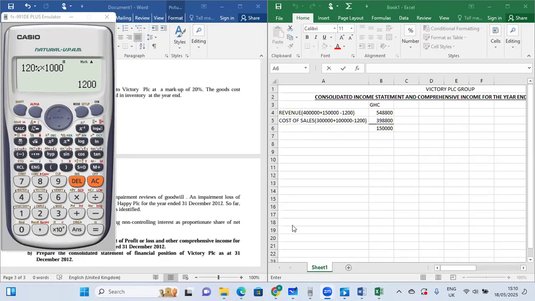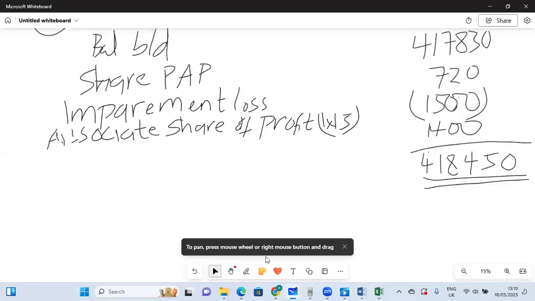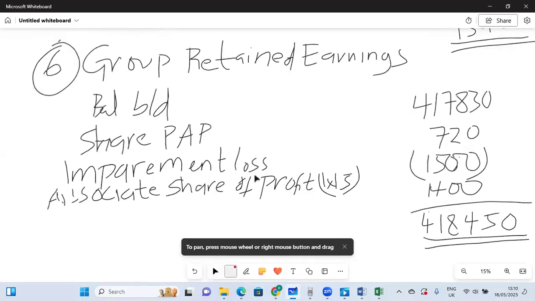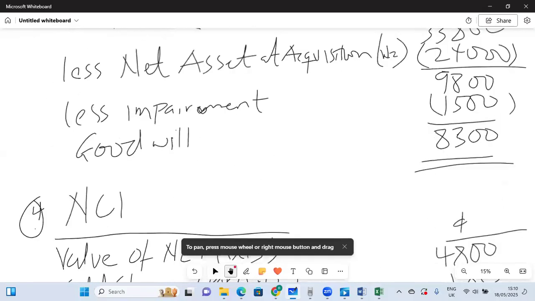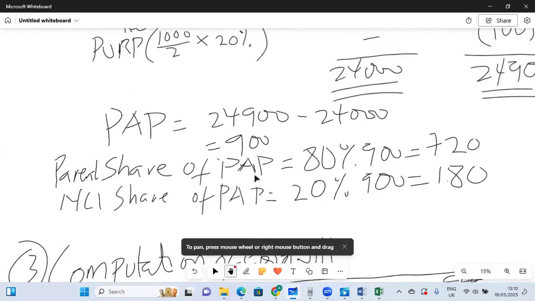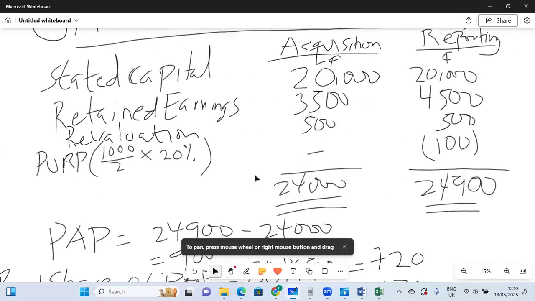Now, because we made an adjustment here, the provision for unrealized profits, that unrealized profit would be that 10%, if that 100 has been added to our inventory already.